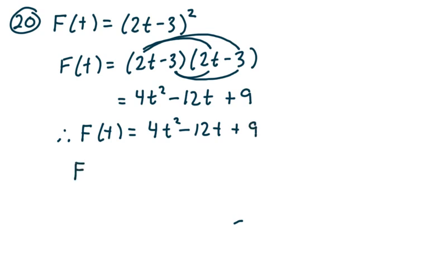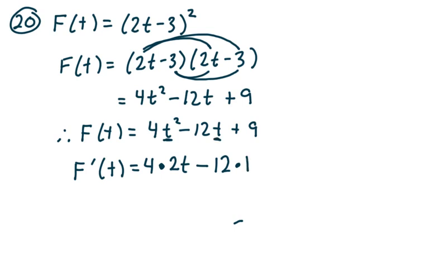So when I take the derivative, I'm going to write down the 4. And the derivative of t squared is 2t. Minus, write down the 12. And the derivative of t is just 1.